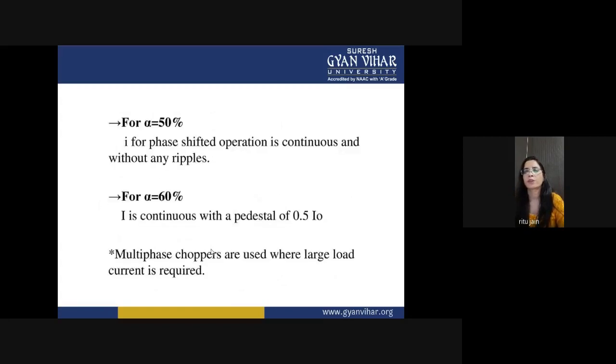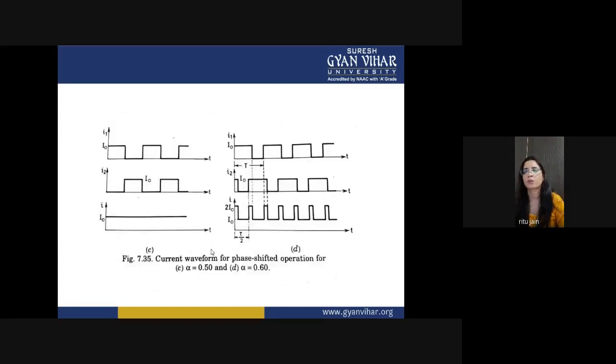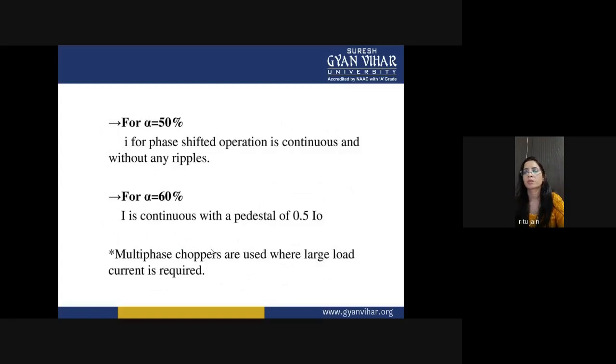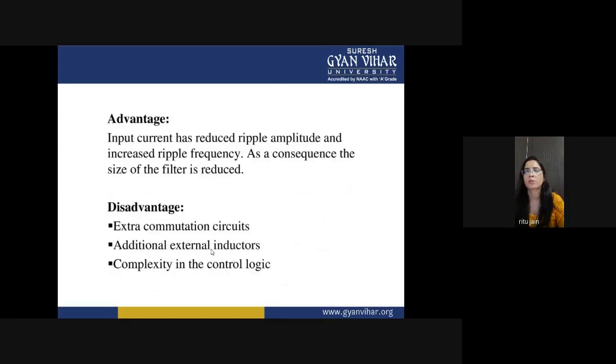For different duty cycles, you can draw the waveform of this phase-shifted operation. Multi-phase choppers are used when large load current is required. These are the advantages and disadvantages of multi-phase chopper.